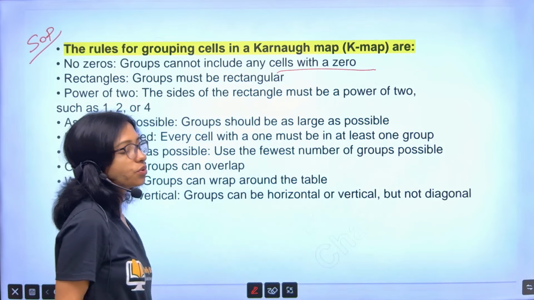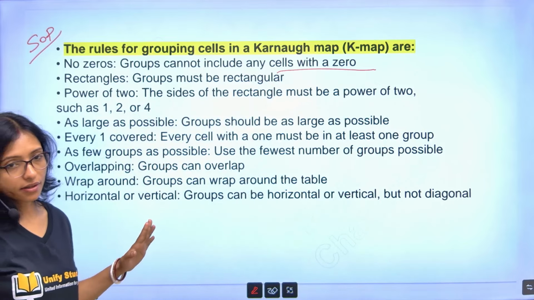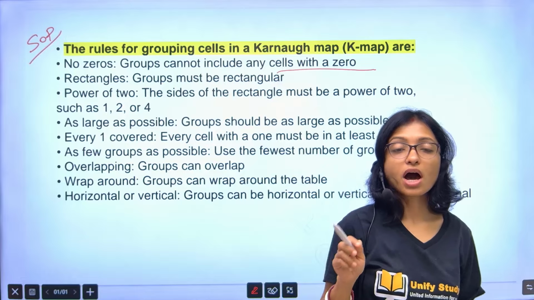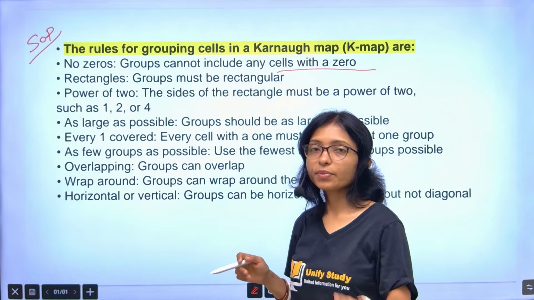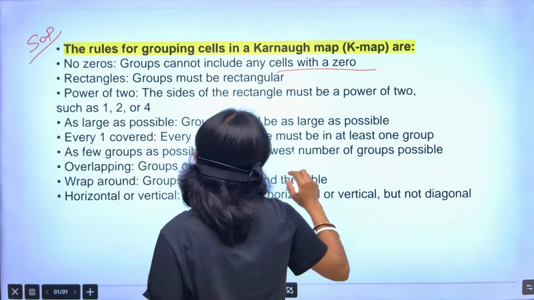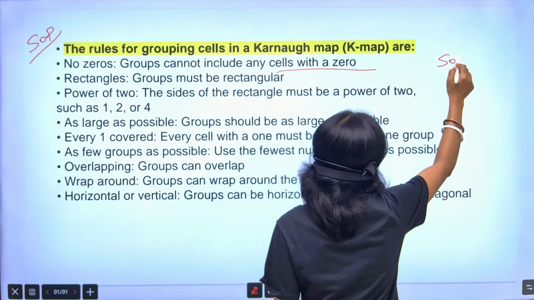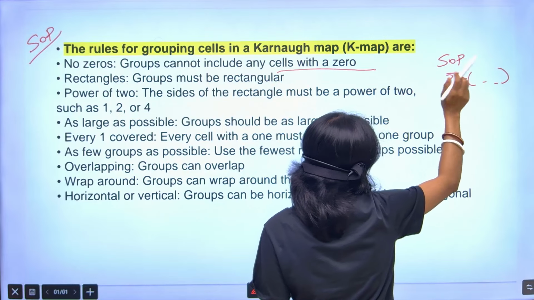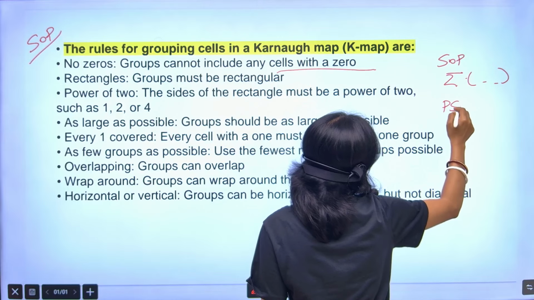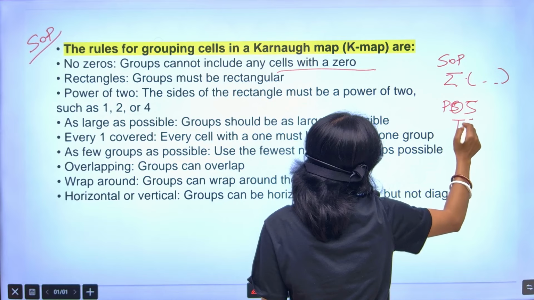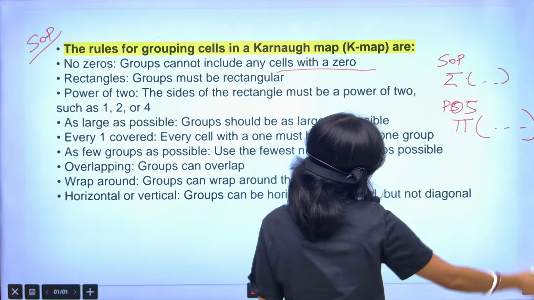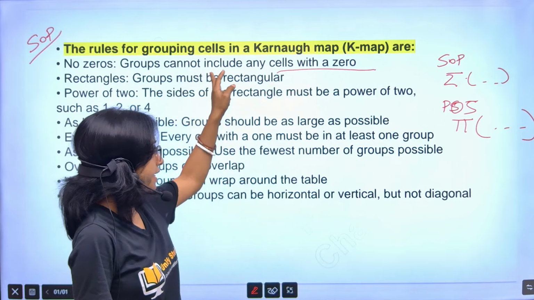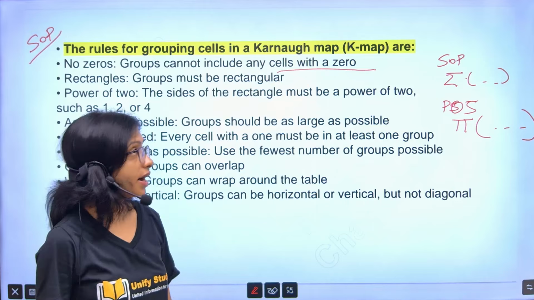Actually we are going to do grouping for 1. The cell values where we place 1 will be given as per the cell values. In SOP format, they will give summation, some values will be given, and those values we put 1. In POS they give product and some cell values, and those cell values are 0 as per POS. So in SOP we are going to check where the 1s are.